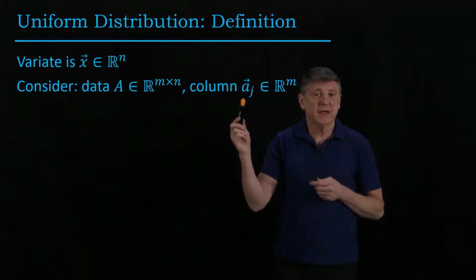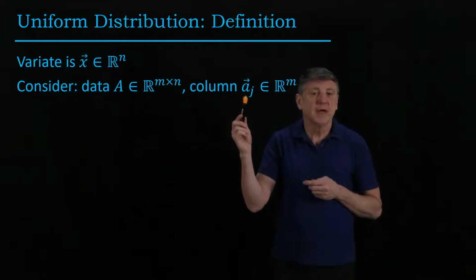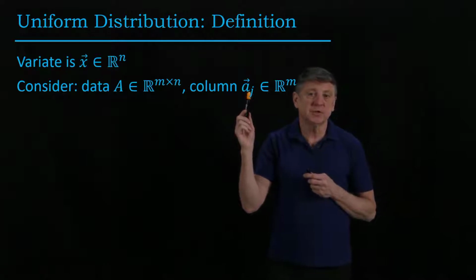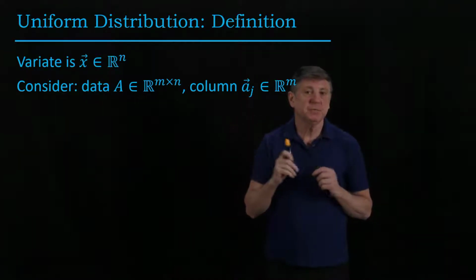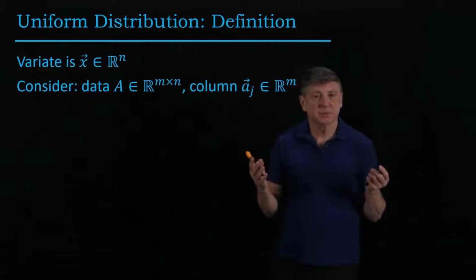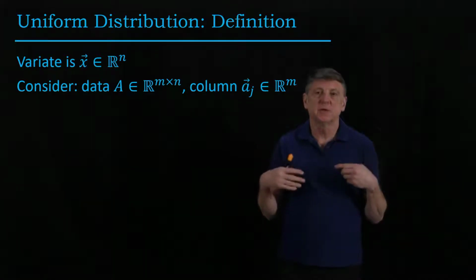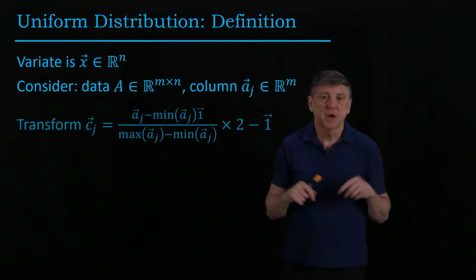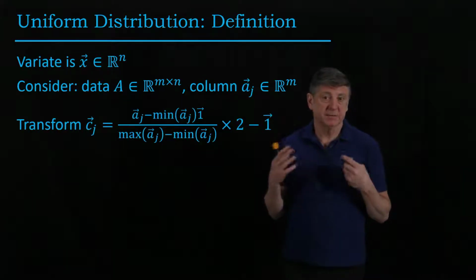Now, let's suppose that we have one of these columns, and what we want to do is cause this column to be distributed between the value -1 and +1. That's part of the assumptions that we need for uniform distribution. We can calculate that as some vector c.